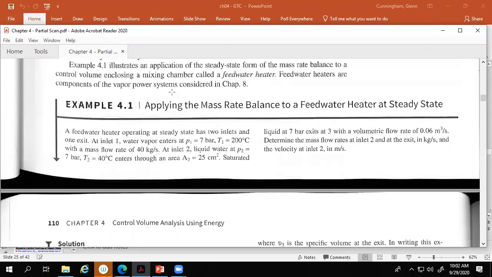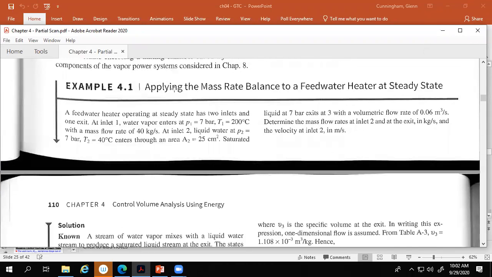These are on the mass stuff. So let's just take a look. Like I said, these are a couple out of your book, but what the heck, it's an easy way to present it. So they're applying mass rate balance to a feed water heater.